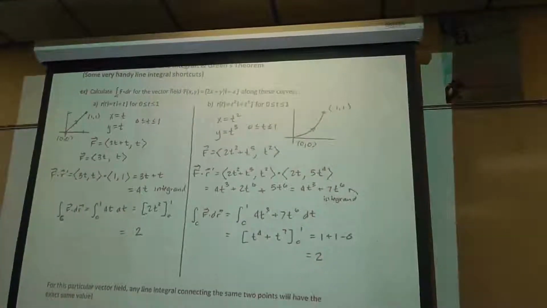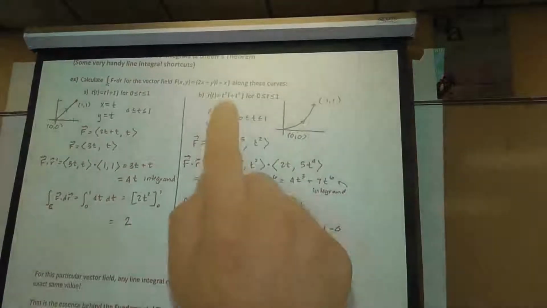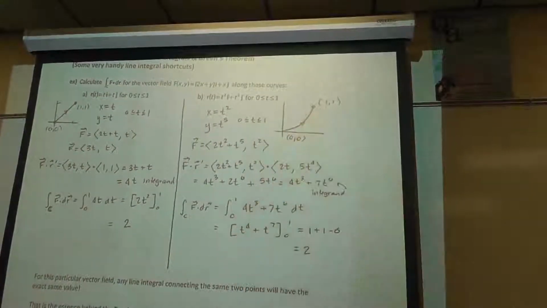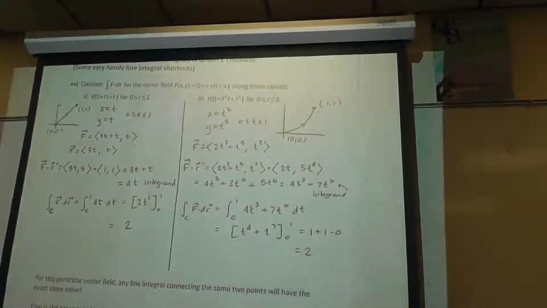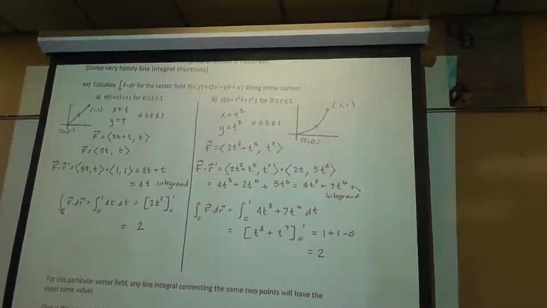But here and now, within our four walls of the context of Calculus 3, certain vector fields have the property that no matter what path you take connecting the same two points, you're going to have the same value for your F dot dr integral every single time. This vector field has that property. It's an example of what's called a conservative vector field.